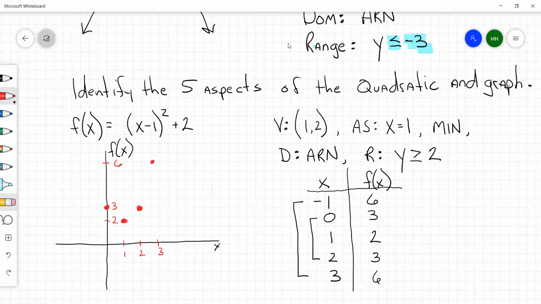And at negative 1, 6. So we're going to try to make the bottom of this parabola as U-shaped as possible. And then here we go.